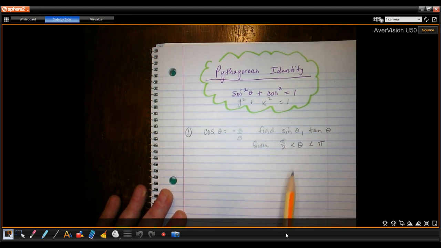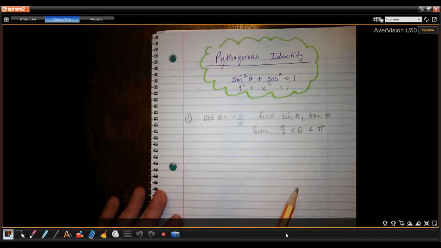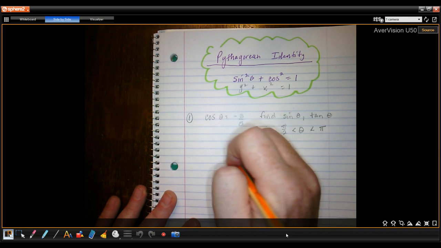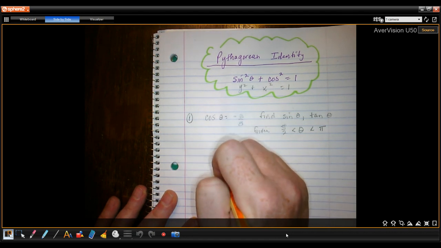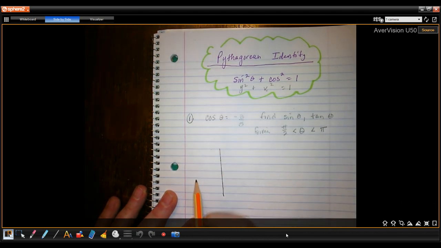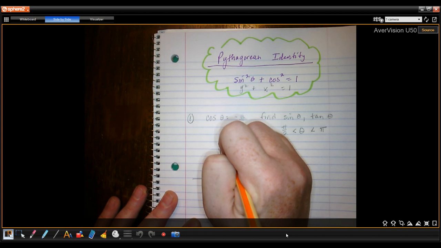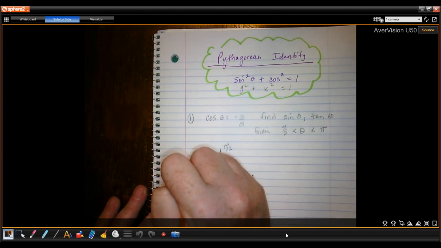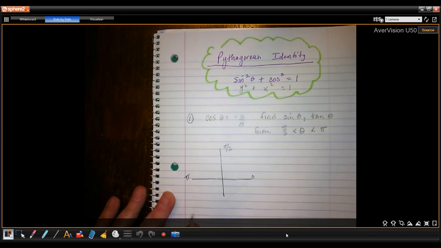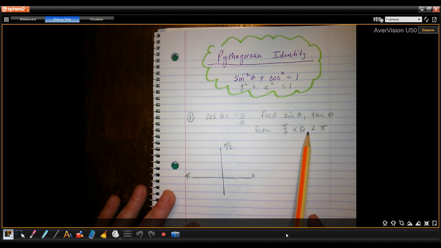You need to go back to last week's lesson and think about where you are located. Remember, this is 0, this is pi halves, and this is pi. This is 180 because 180 is pi, and this is 90, and 90 is pi halves. So that's from last week. We know that our theta is going to be in this region right here.